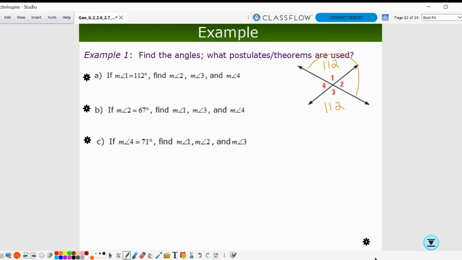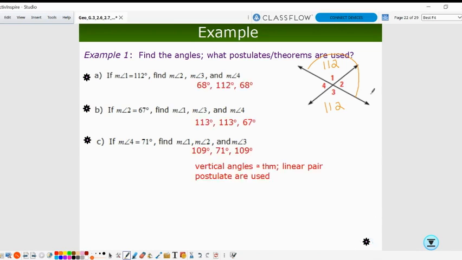Take a look at your reasons. This is going to be 68 degrees, therefore this is 68 degrees. And that same example is used for B and C, but we've changed the measurements. We're using the vertical angles theorem and the linear pair postulate.